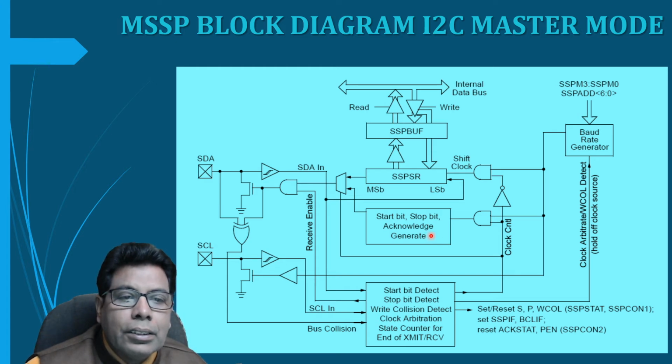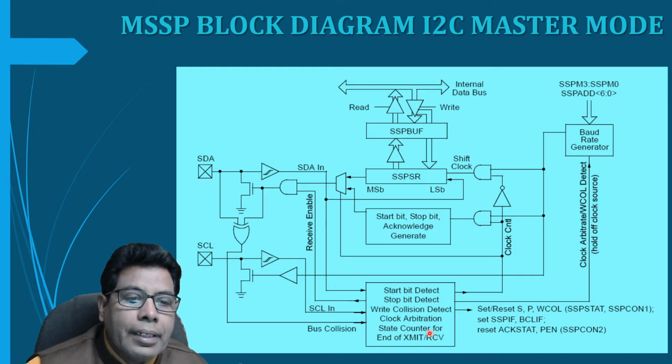So that is necessary for the data transfer. Then we have the start bit detect, stop bit detect, then write collision detect. So this is part of the SSP con1 register, and here the SSP status register and SSP control register bits are shown.